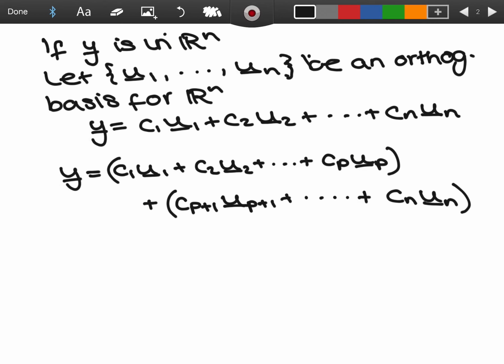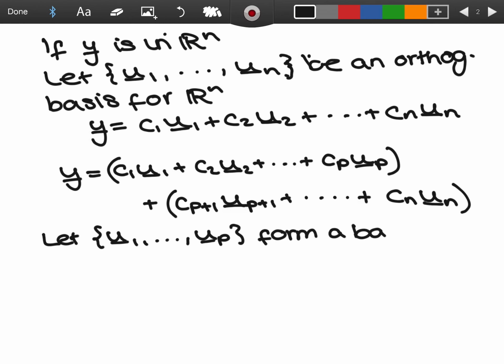What I'm going to say here is let u1 through up form a basis, and it's actually an orthogonal basis for the subspace W of Rn, or just whatever subspace you get out of that.